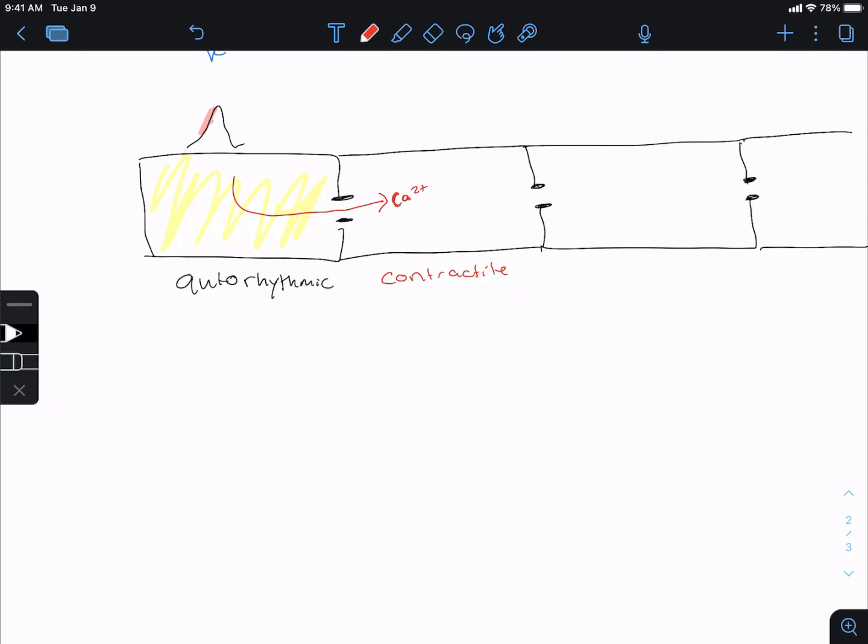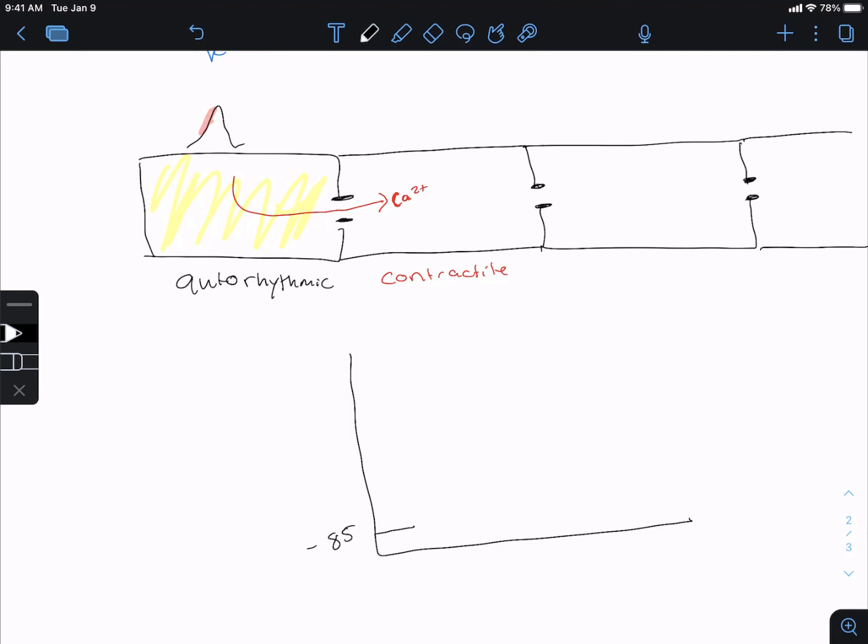Now, what is that action potential going to look like? Well, let's draw it down here. In my contractile cell, we do have a resting potential of about minus 85, if I remember correctly. And that cell is going to remain at minus 85 until calcium floats into the sarcoplasm from the autorhythmic cell.